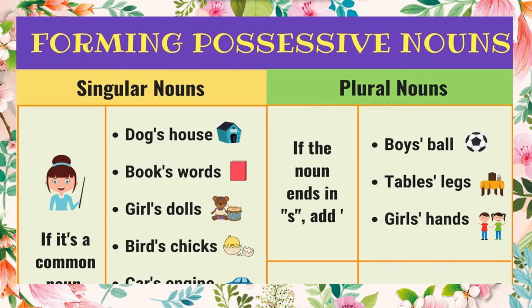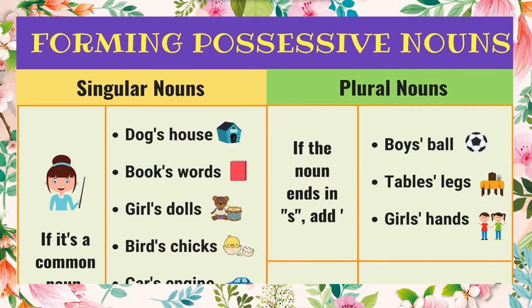Forming possessive nouns. Singular nouns, apostrophe s, whereas plural nouns, s apostrophe. Now let's look into these examples given here. Dog's house, book's words, girl's doll, bird's chicks.